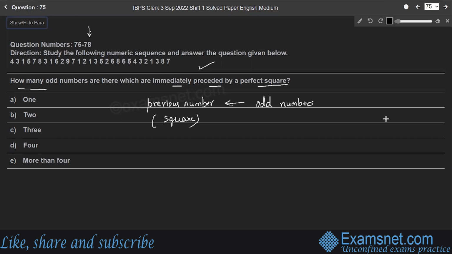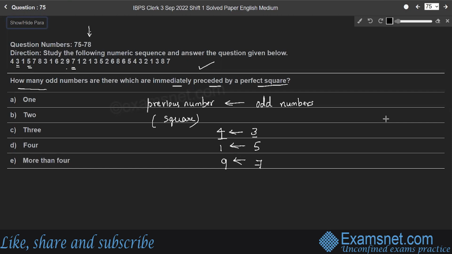So here in the given series, there is odd number 3, which is preceded by 4. 4 is a square number, right? And the next odd number is 5, which is preceded by 1. Again, 1 is a square number. And the next number is 7, an odd number preceded by 9. 9 is a square number.